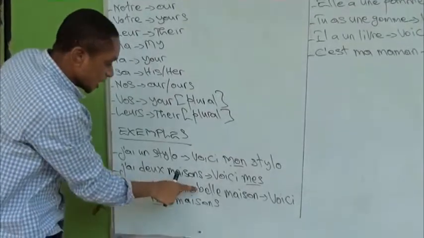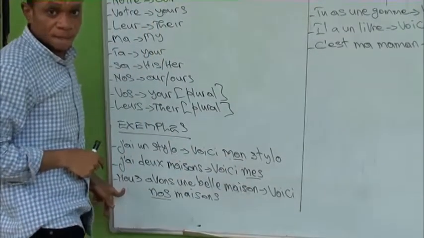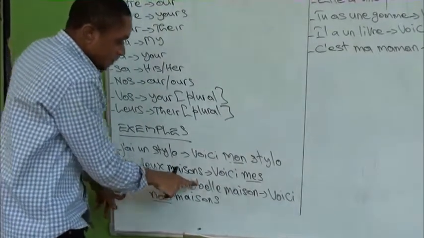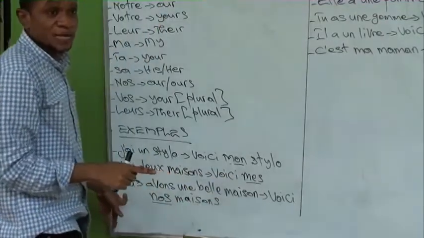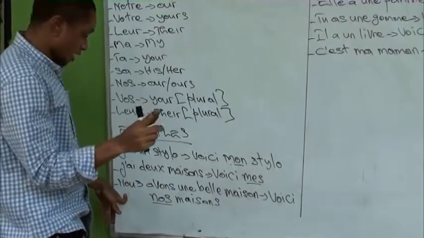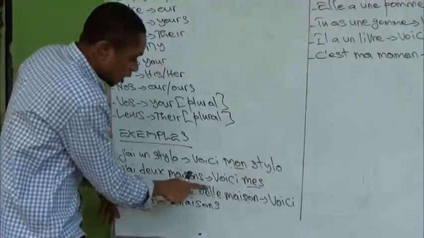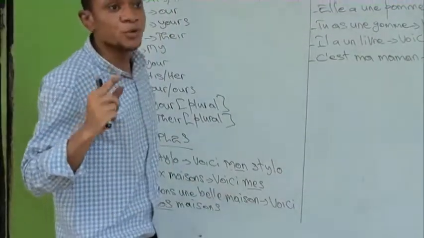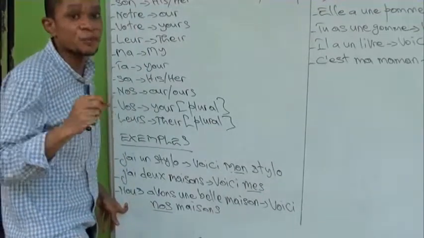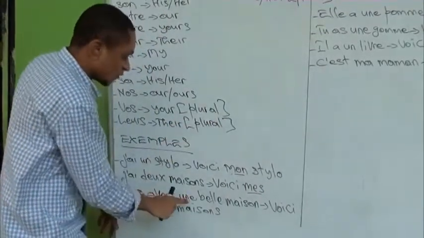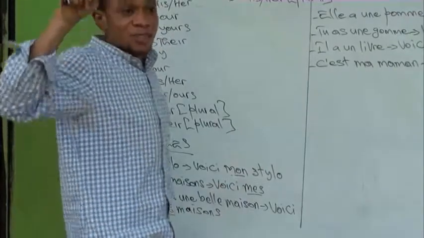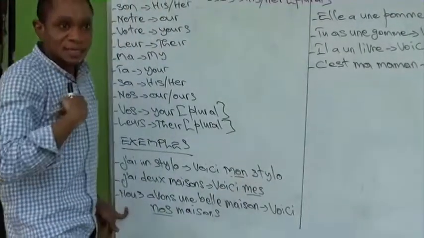Nous avons une belle maison. Remember last time when we learned about words, I told you that belle means beautiful. So when I say nous avons une belle maison, we have a beautiful house. Because that house belongs to us, it's our house.